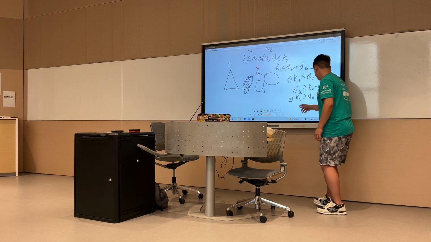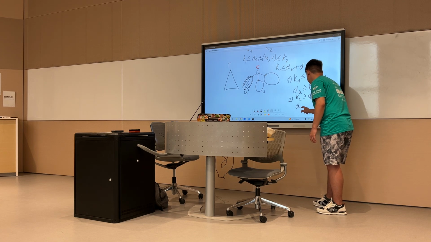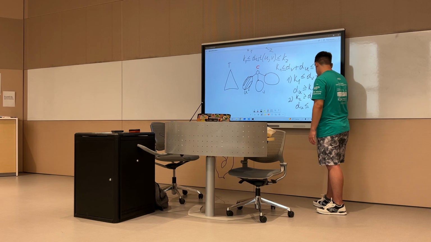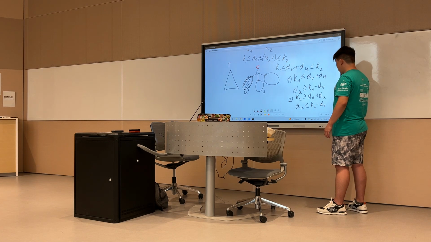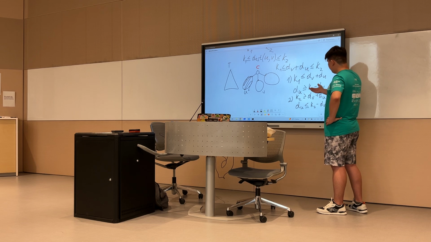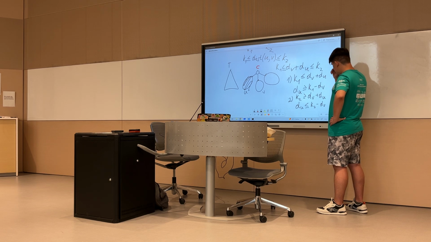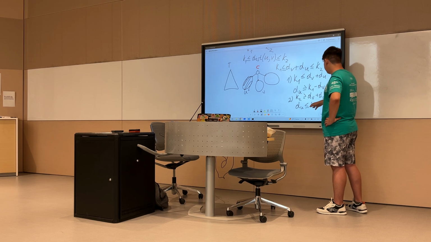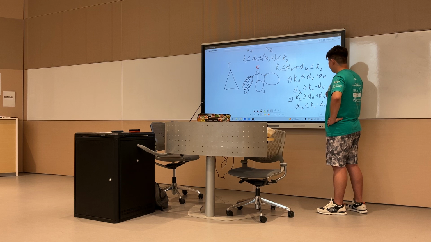We know v, and that means du should be at most k2 minus dv. Okay, and we see that du should lie on the segment from k1 minus dv to k2 minus dv.